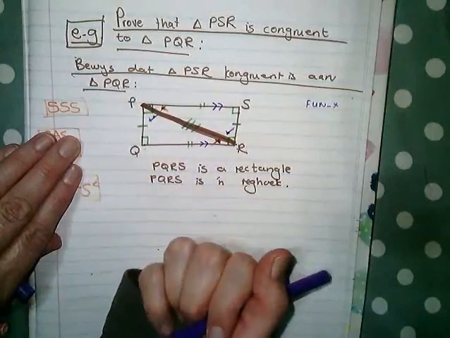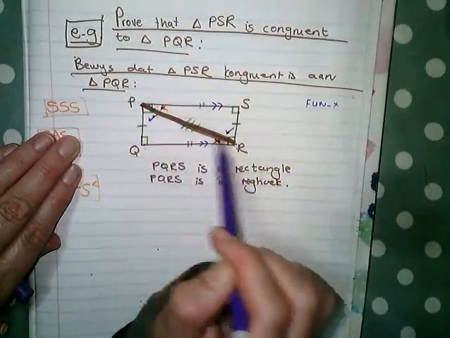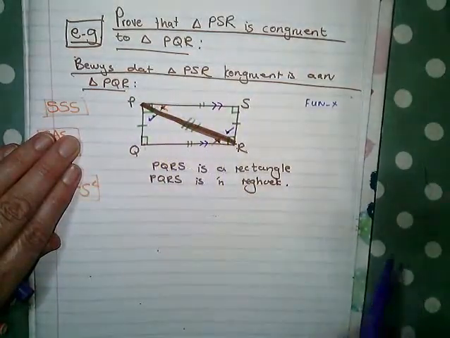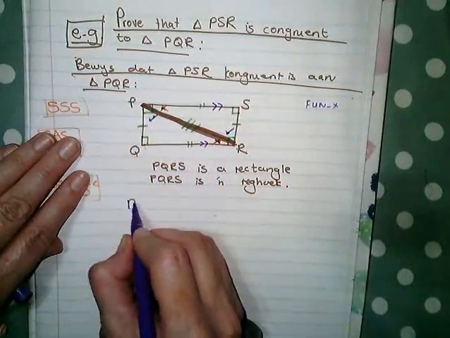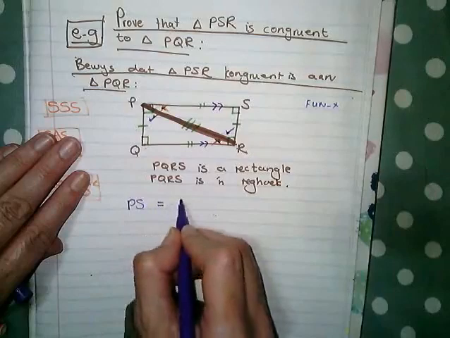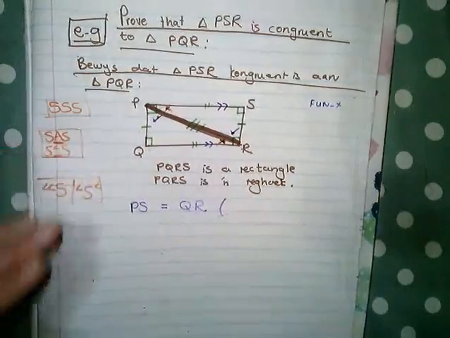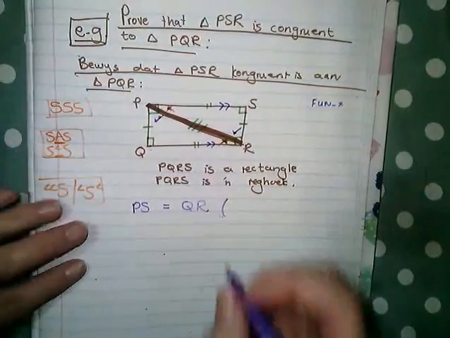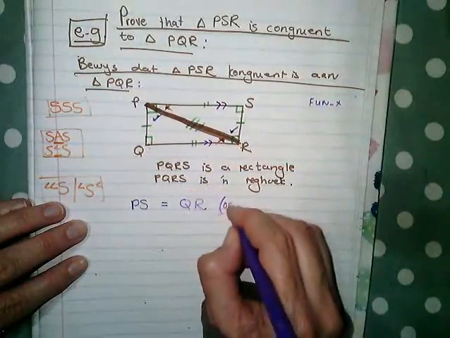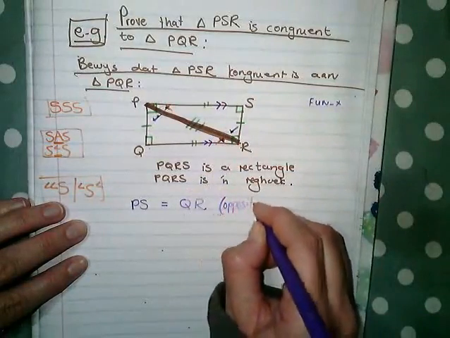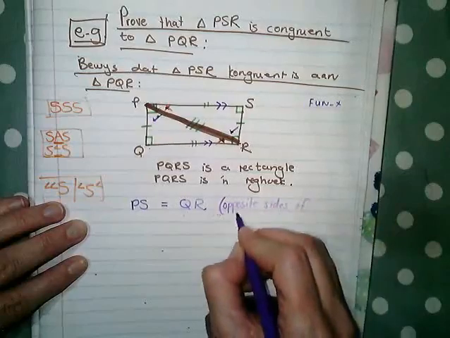So when we prove them equal, now we write PS is equal to QR. Okay? And we write a reason. Why can we say that? Because they are opposite sides of a rectangle.